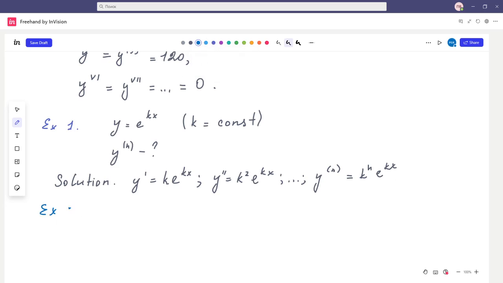Another example, let y is sine of x, and we must find the nth derivative of the function y.